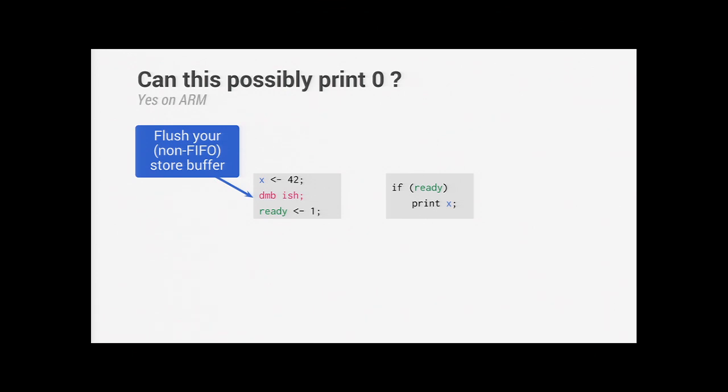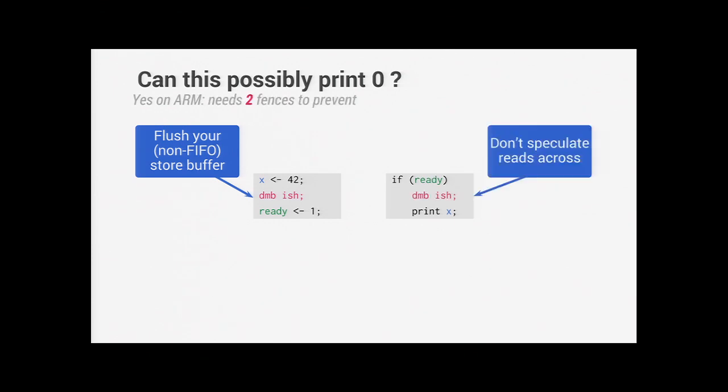So you could have the two stores reordered by the processor, so you need another kind of fence telling it, don't do that. And actually, it is even worse, because the processor could decide to speculate the load of x on the other core, before loading ready and doing the branch. So you must add another fence, which happens to be exactly the same instruction.